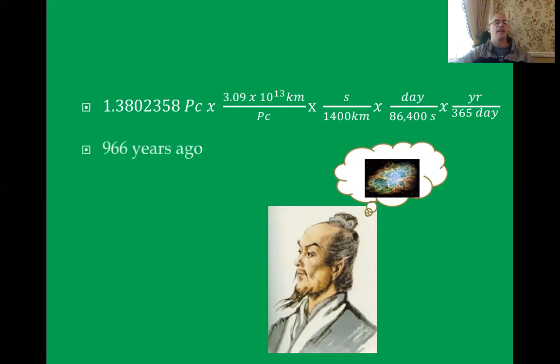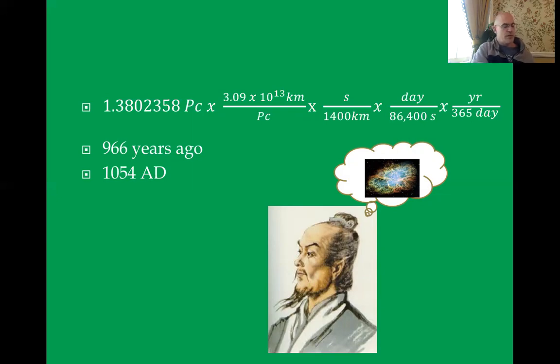You should find out that that's about 966 years ago, which if you subtract that from 2020 gives you 1054, which we mentioned is the year of that famous supernova.